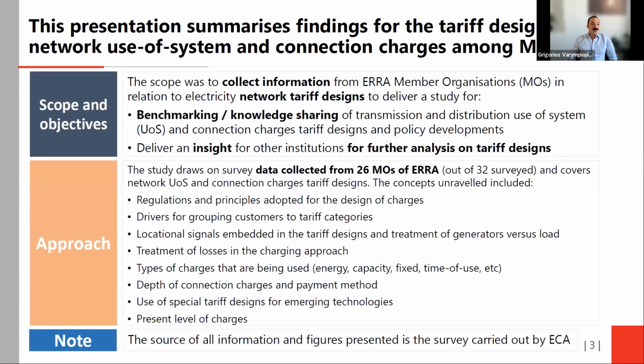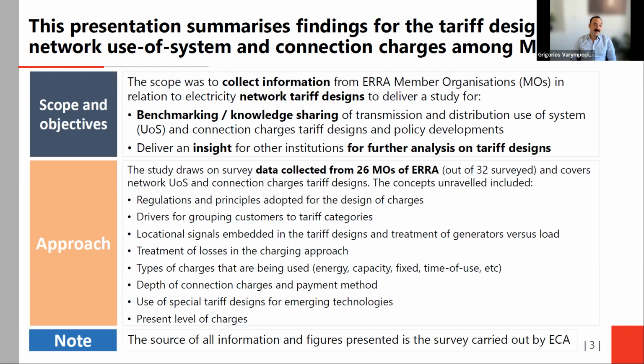So this presentation summarizes the findings for the tariff design of network use of system charges and connection charges among ERRA member organizations. The scope was to collect information from ERRA's member organizations in relation to electricity network tariff designs to deliver a study for benchmarking or knowledge sharing of transmission and distribution use of system charges and connection charges tariff designs.